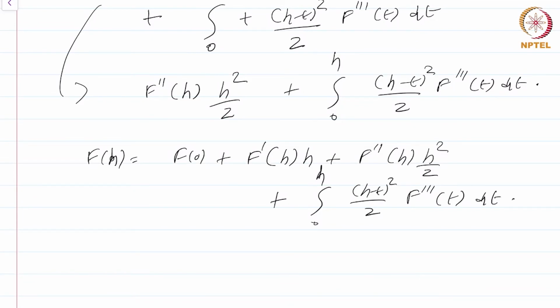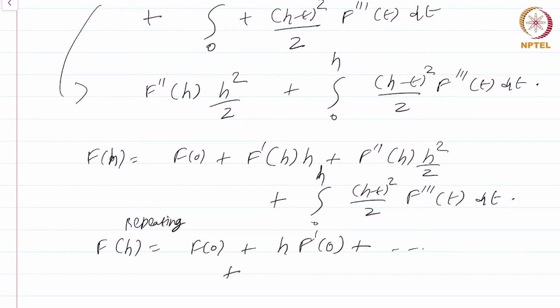Excellent. Repeating this argument, you can get that f of h is equal to f of 0 plus h f prime of 0 plus dot dot dot plus h to the k by k factorial times the kth derivative of f at 0, plus R_k of h.